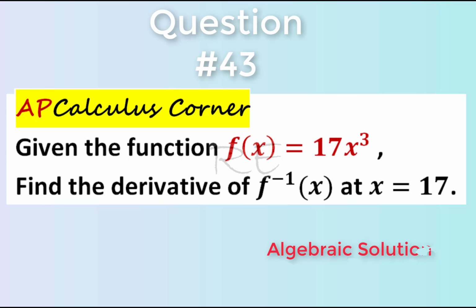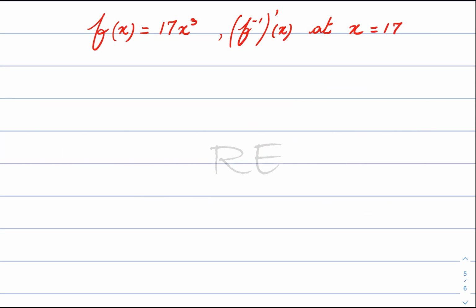We need to find the derivative of the inverse of f of x when x is equal to 17. Now, we are going to show that f of 1 is equal to 17.